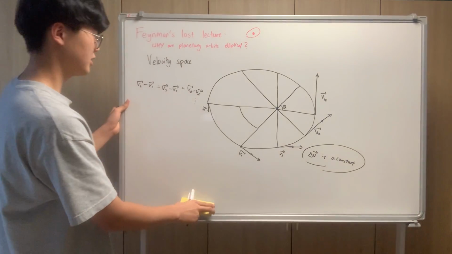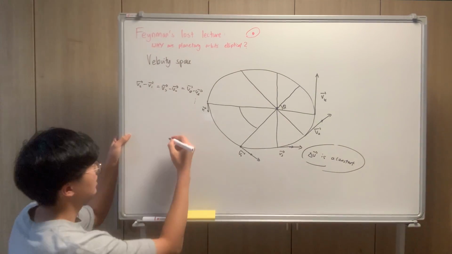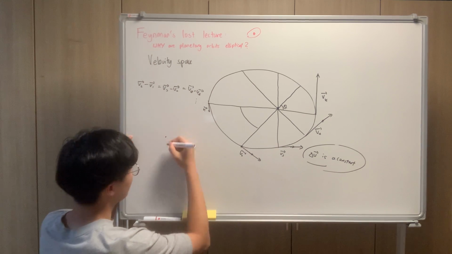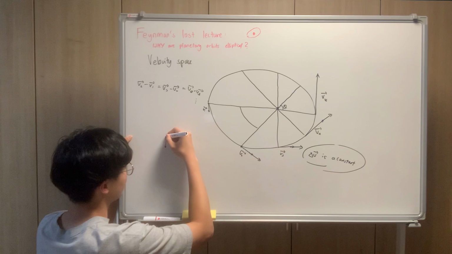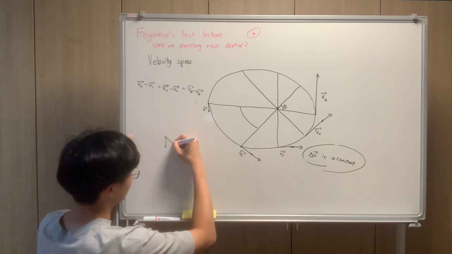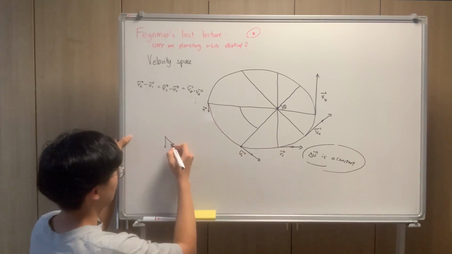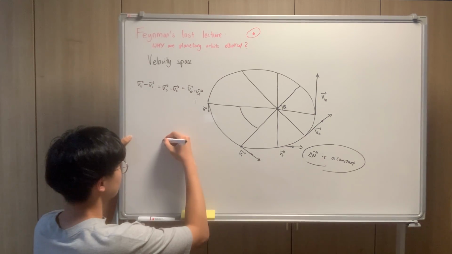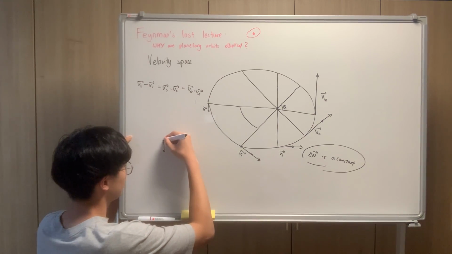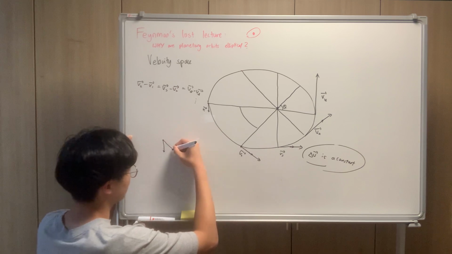I'm going to draw this somewhere here, bigger. See this, we have a point here, we have v1 here, and we have v2 with a greater velocity, something like this. And v1, v2, so it's v1, something like that is v2.